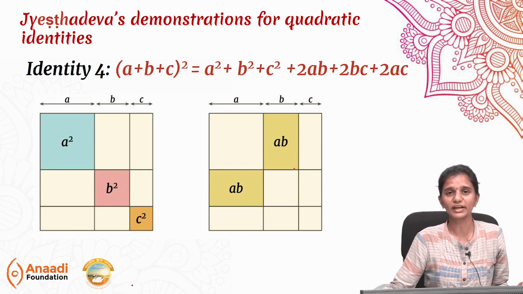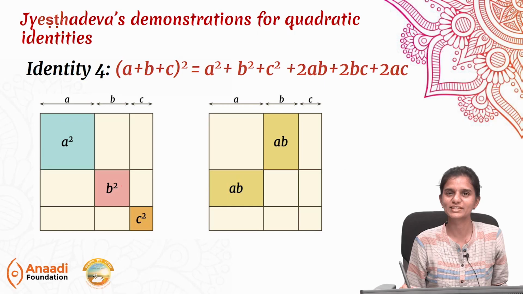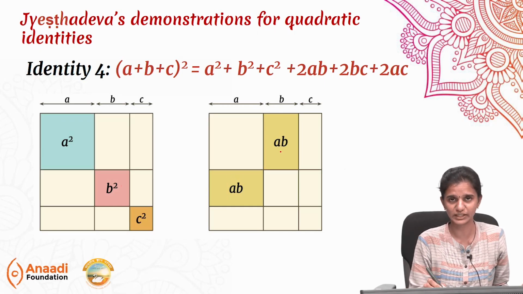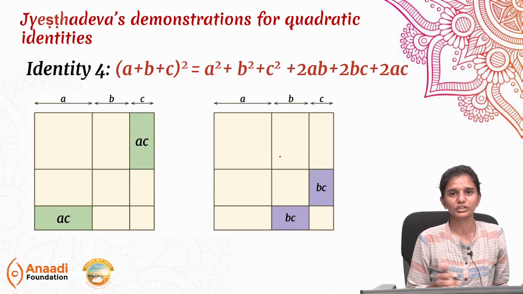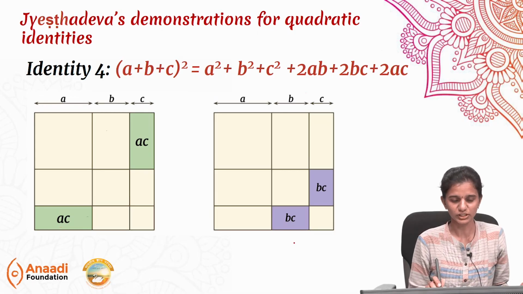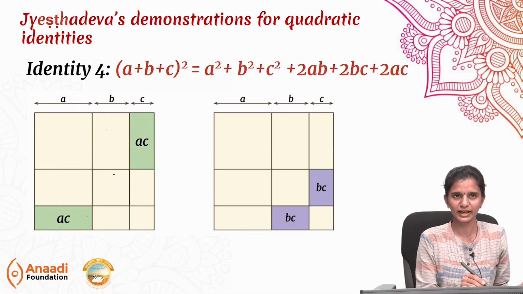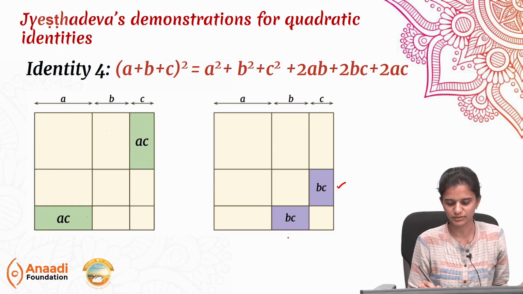Then, we find the areas of the rectangles. Now, we see that the length of the sides of these two rectangles are A and B. Hence, the area would be AB. The same way, for the other rectangles if we see, the areas are AC for these two rectangles and here we get BC.